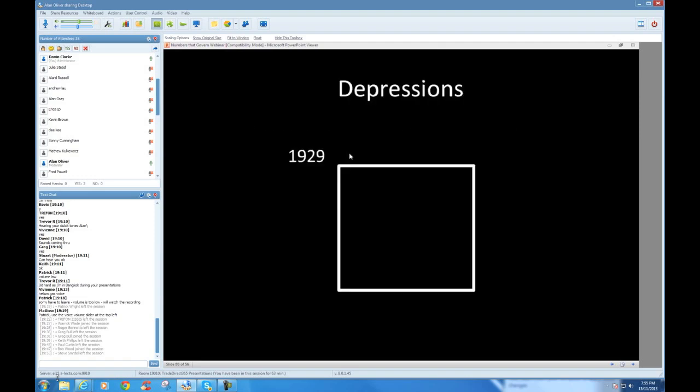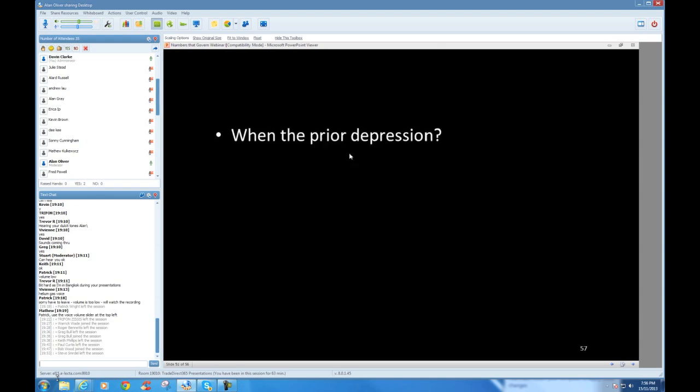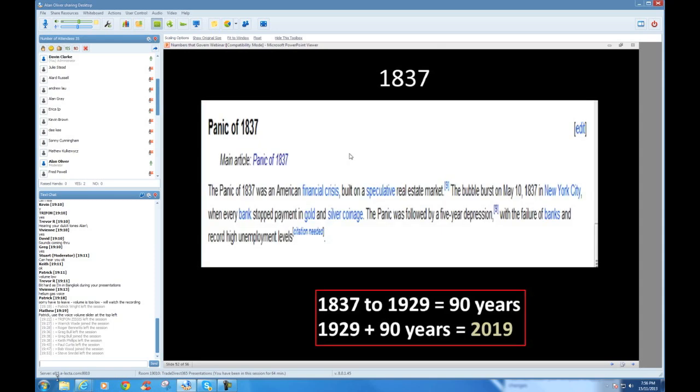Now, 1929, huge unemployment, a massive breakdown in financial circles, and it was a very tough period around that date. But very few, if any, people know when a previous depression to 1929 was. And when we look at that, you can just Google this. That's exactly what I did. The previous depression was 1837.